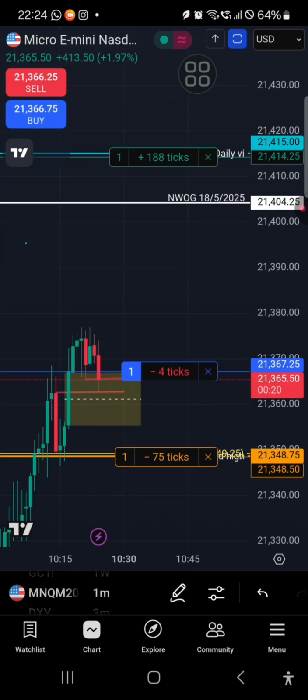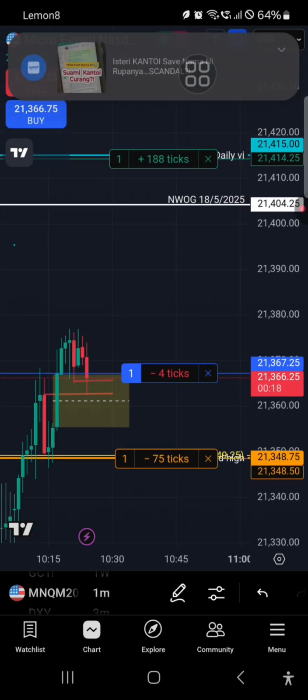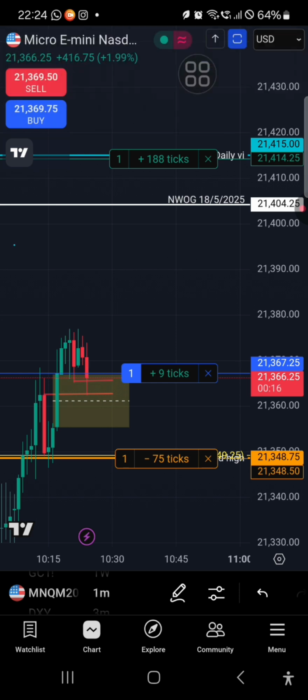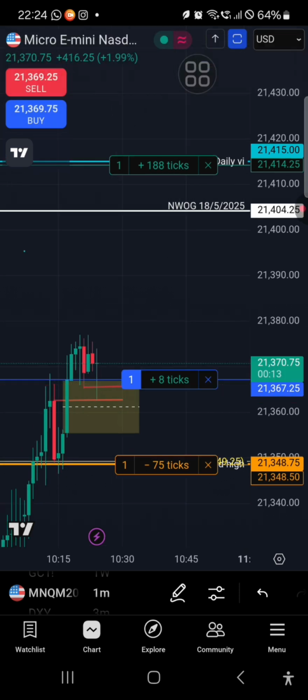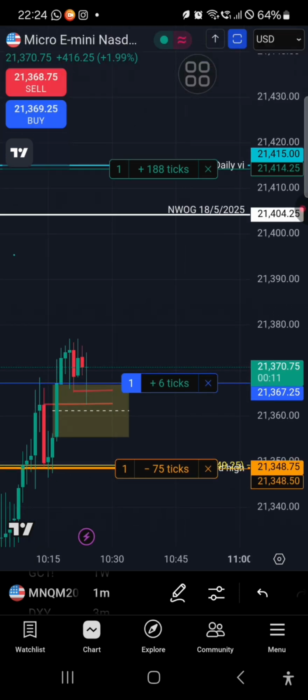I'm looking at the CE of the BC now. Does it touch? And then I want to see expansion higher. Okay, stop run is done, damage is done. Can we start exploding higher? And the bodies are staying above the BC.